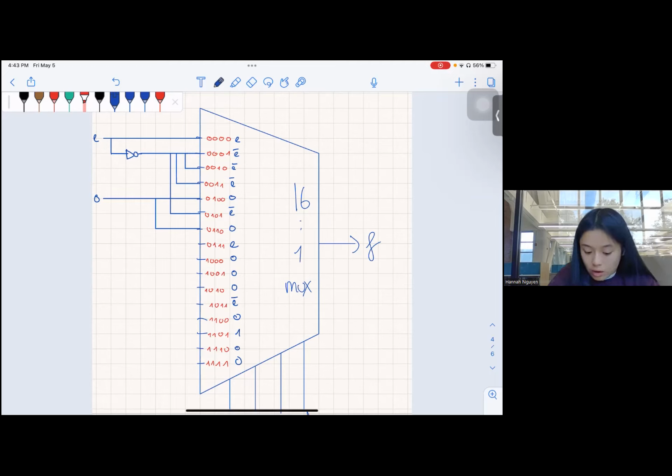So for 0, 1, 1, 1, the input is gonna be E. For 1, 0, 0, 0, the input is gonna be 0. This is also 0. This is 0 also.